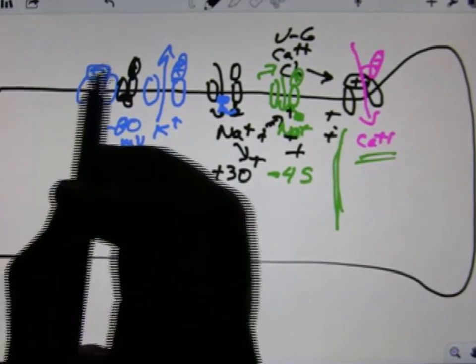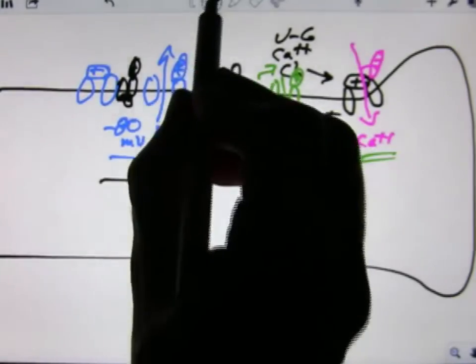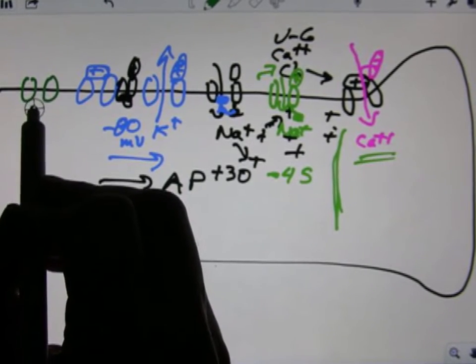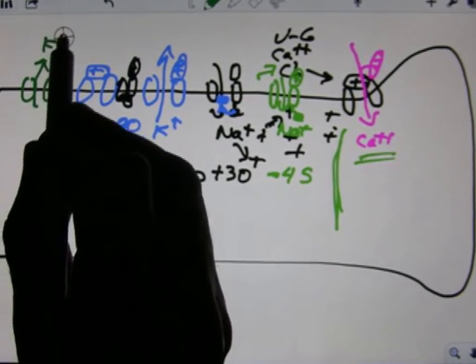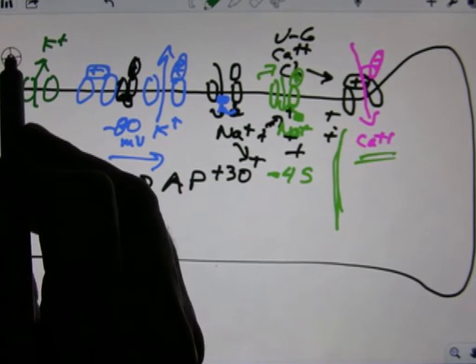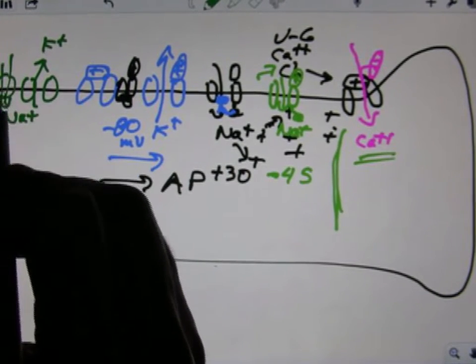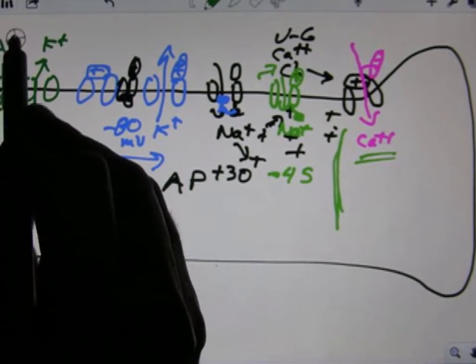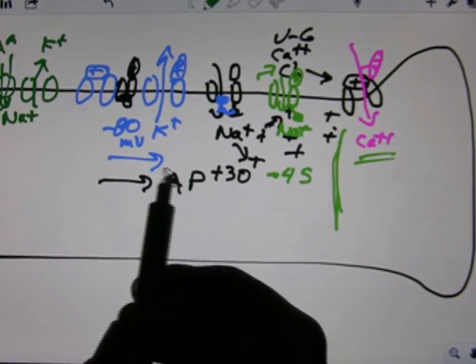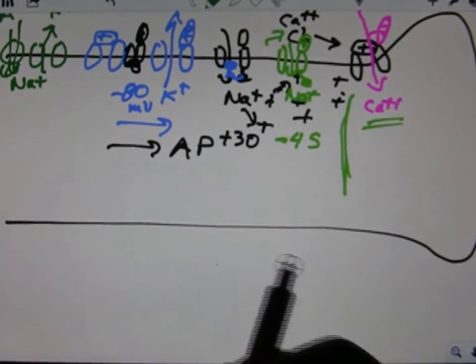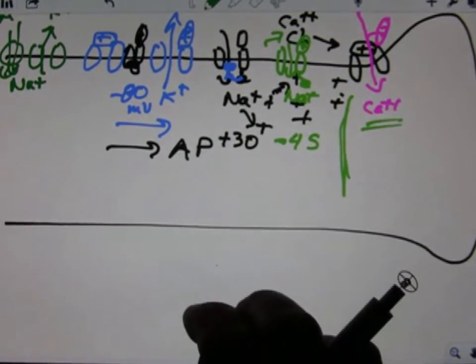And so behind here the only channels open are the potassium leak channels, and we'd have sodium coming in along with glucose or amino acids. Okay, so that would be for an action potential going this way.